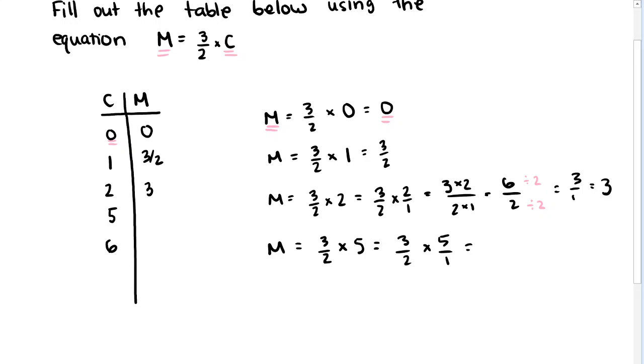So here we get 3 over 2 times 5 over 1. We just multiply straight across. We get 3 times 5 over 2 times 1. And this is 15 over 2. And now this doesn't reduce. With 15 over 2, there's no common quantity that we can divide the top and bottom by. So that's just our result here, 15 over 2, and that's okay.